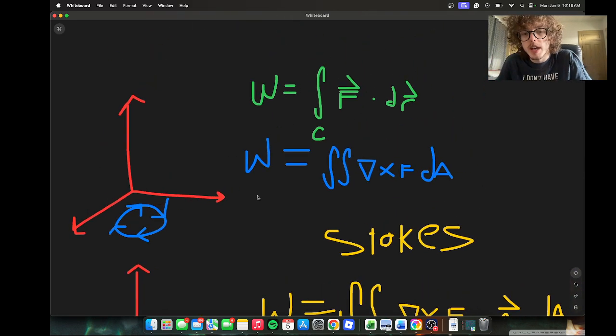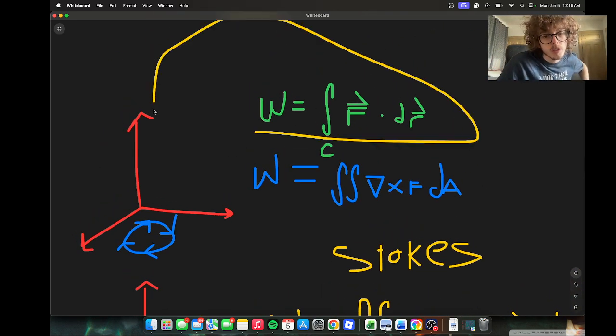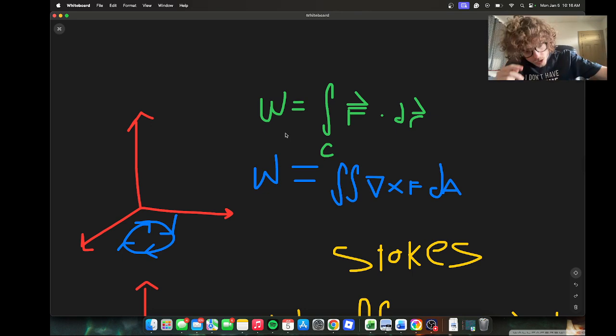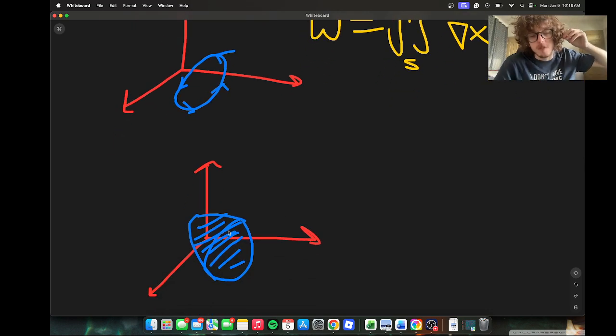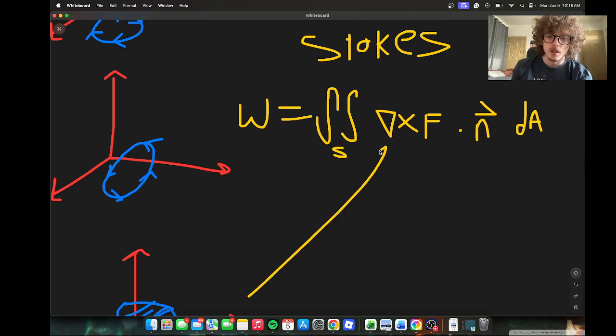So we can look at it as work traveling along a curve. We can also look at it as the total flux of a surface if and only if there's a boundary to that curve that can be defined in Stokes' theorem.